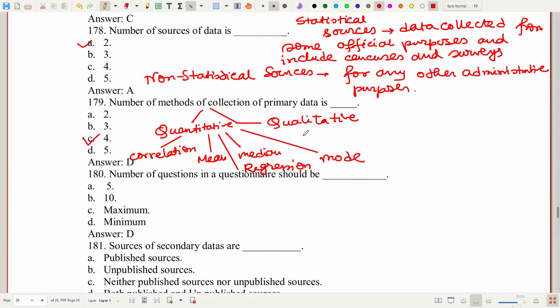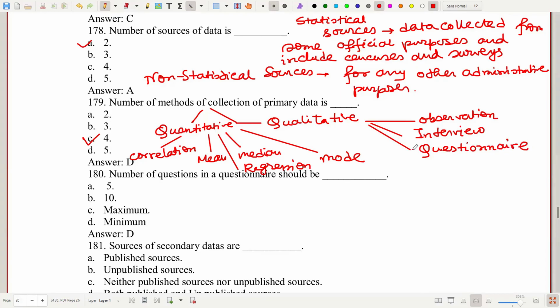And for the qualitative, there is the observation, there is the interview, there is the questionnaire, and also there are the schedules.